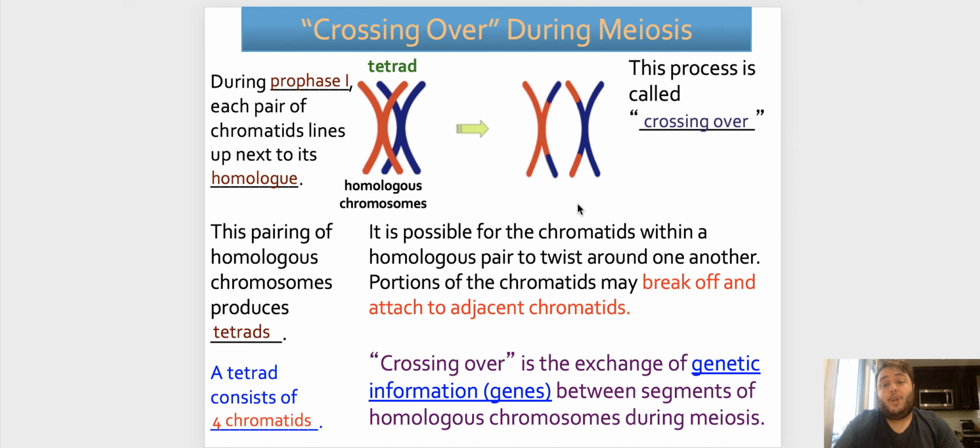And it has to do with why we would want to do this. We want to make sure that we're variable for many reasons that we're going to talk about in a bit. But I'm concerned with you understanding that crossing over is when homologous chromosomes exchange genetic information during meiosis, and they do so to increase variability.